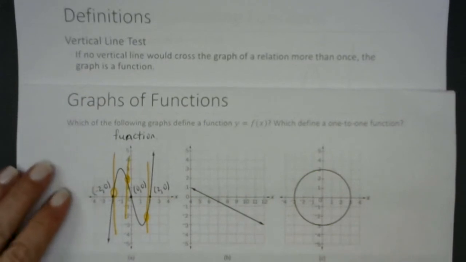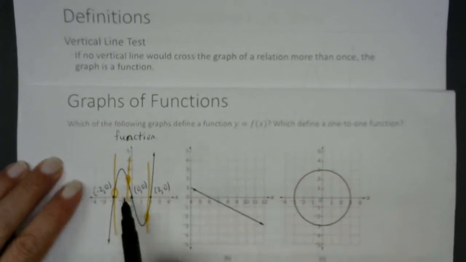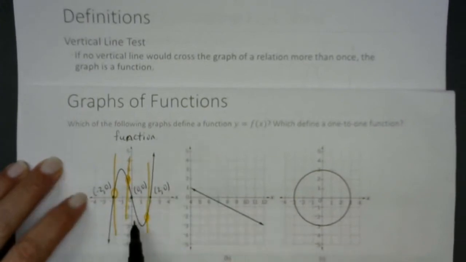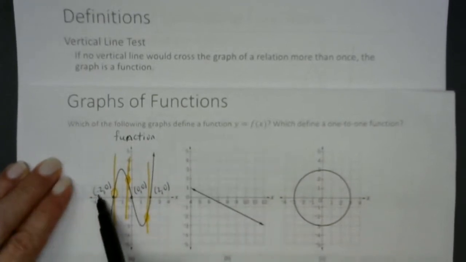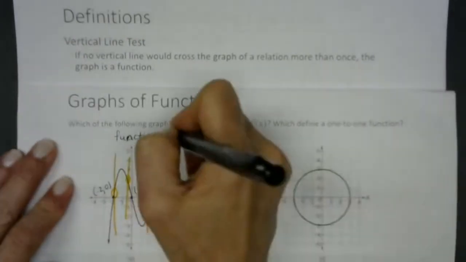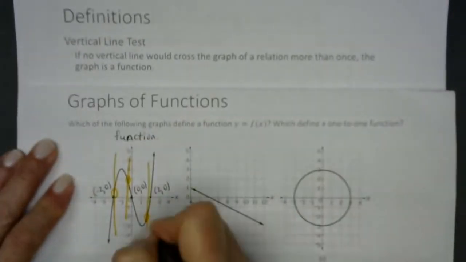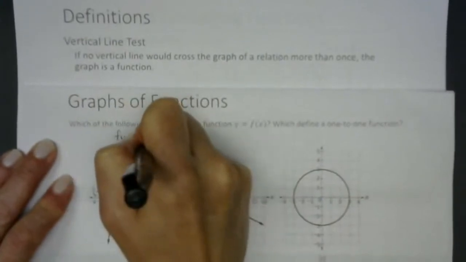Y usually depends on the variable x. So if we want to know if it's one-to-one, we have to look at the y's, right? When y is 0, x can be either -2, 0, or +2. So that means this is not one-to-one. It's a function, but not one-to-one.